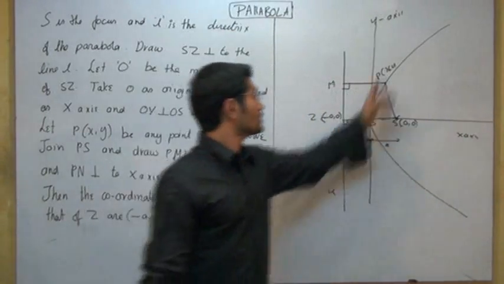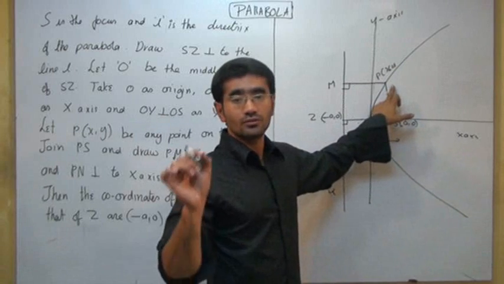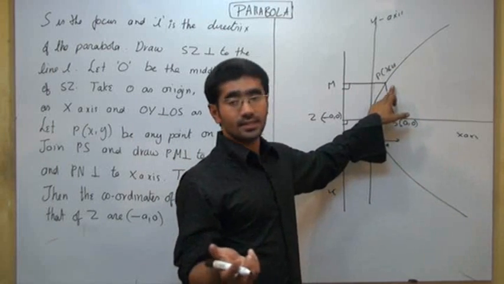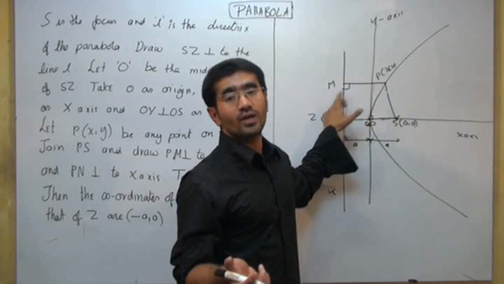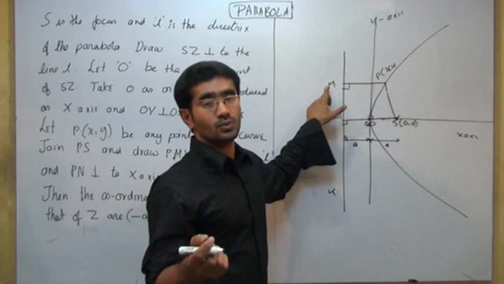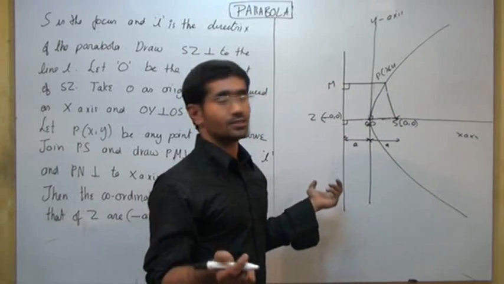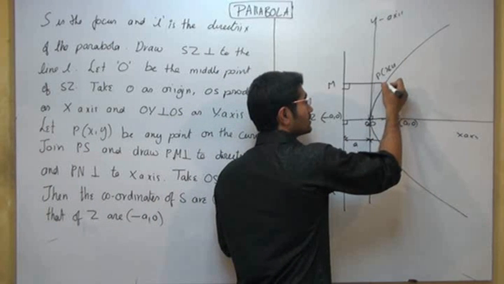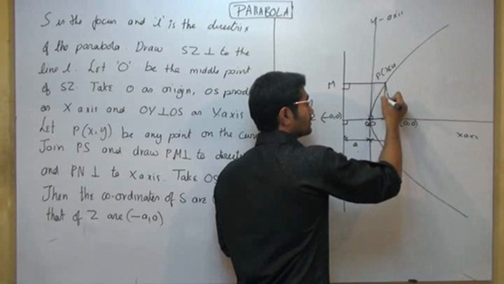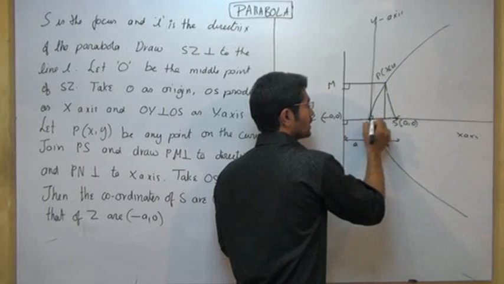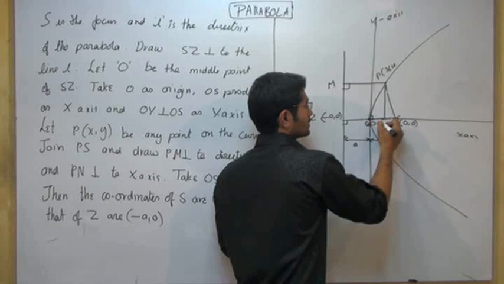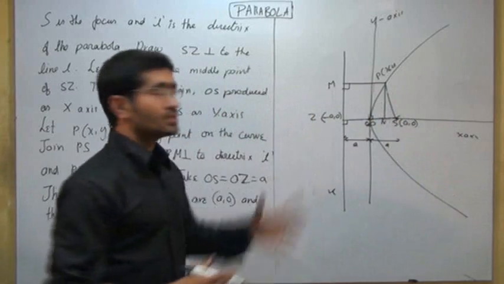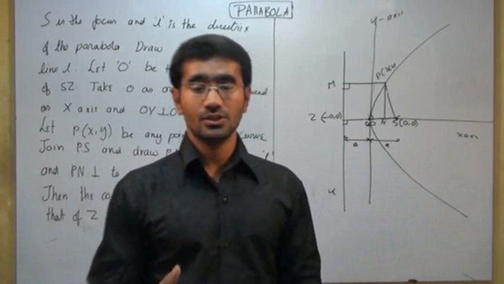The next thing, draw this curve and take a point on the curve, P. And what is the next thing? Join PS and PM, where PM should be perpendicular to the directrix, right? Now, one more last thing here is to draw a perpendicular from P to, let us say, OS. So that is all about the theory and learning the theory part by heart.